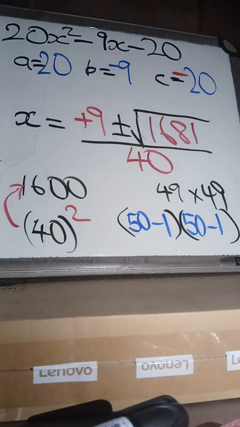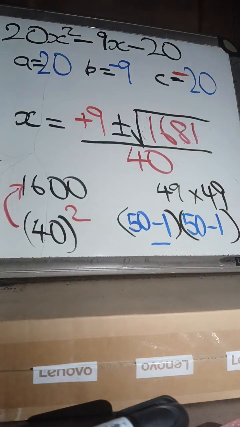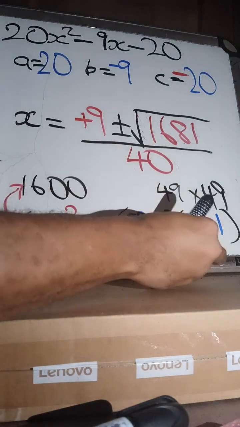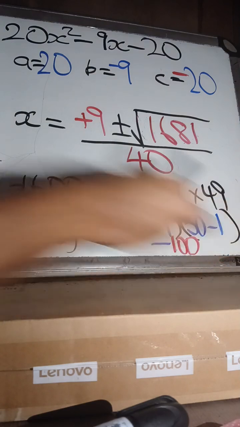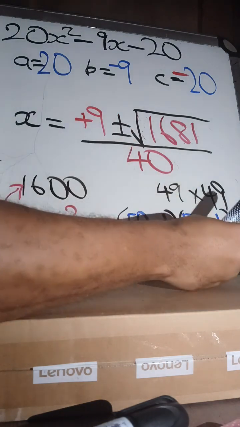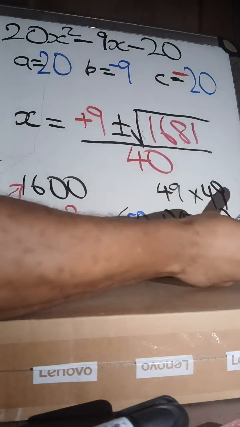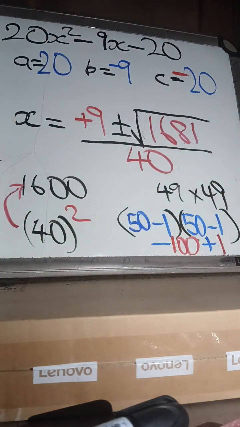So 50 times 1 is 50, 50 plus 50 is 100, right? But because it's a minus 1, you get what? Minus 50. So plus 50 is 100, minus 50 plus minus 50 is a minus 100, right? So therefore, the middle must be minus 100. Minus 1 times minus 1 will be a plus 1.